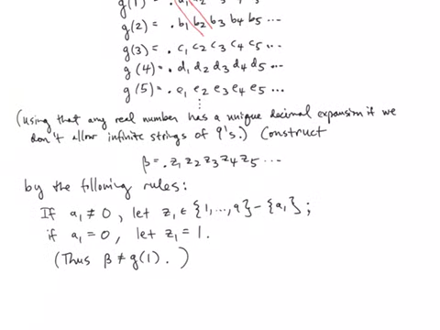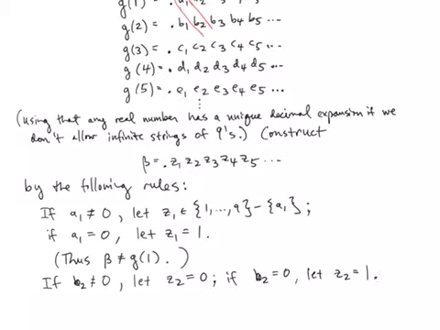So if B2 is not equal to 0, then let Z2 equal 0, and if B2 does equal 0, let Z2 equal 1. So again, in this case, beta can't be equal to G of 2.